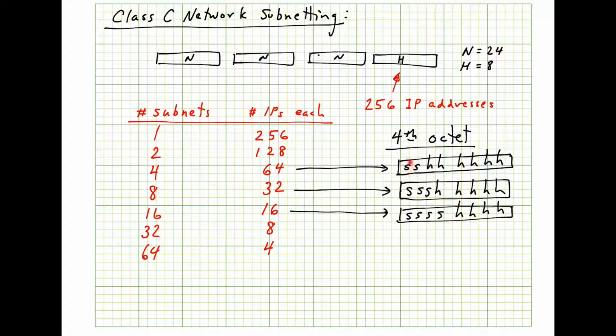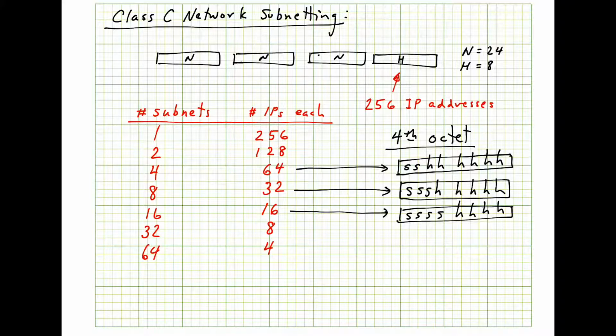With 2 subnet bits, I get 2 squared, or 4 subnets, and I have 6 host bits here, giving me 64 IPs. Again, 2 raised to the power of the number of S bits or the number of H bits gives us the number of subnets and the number of IPs in each.